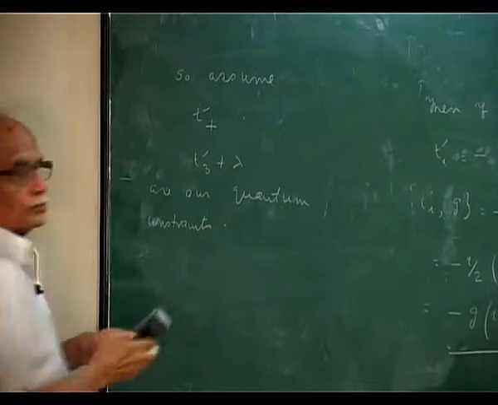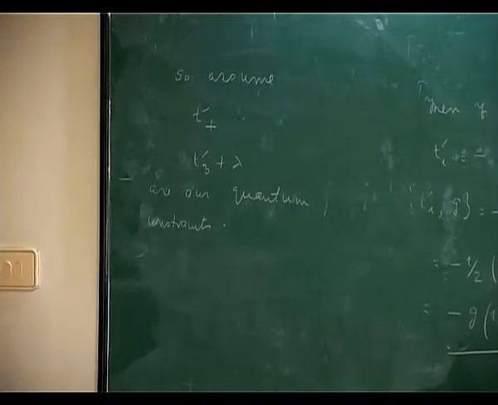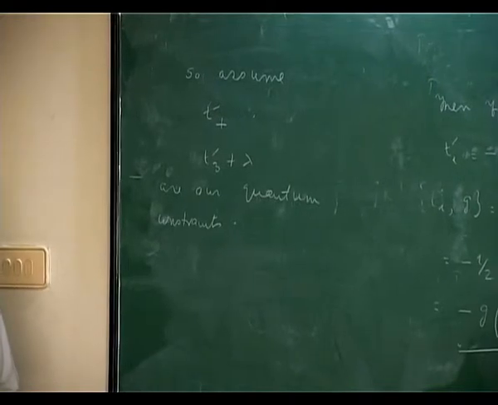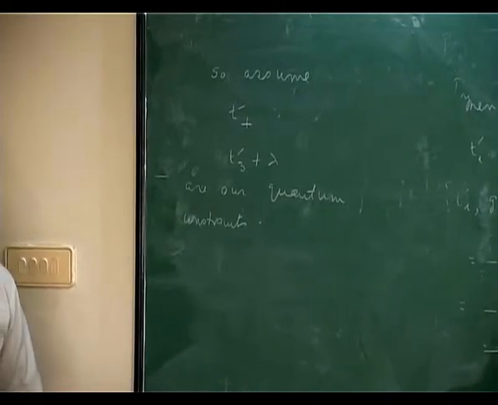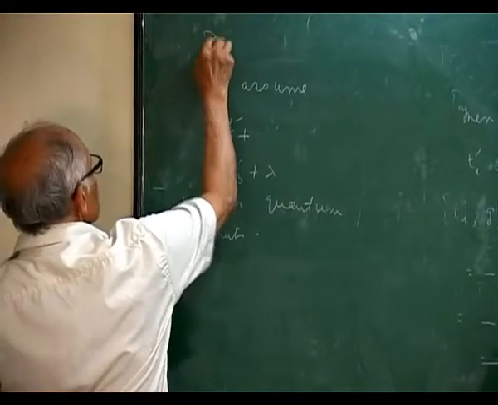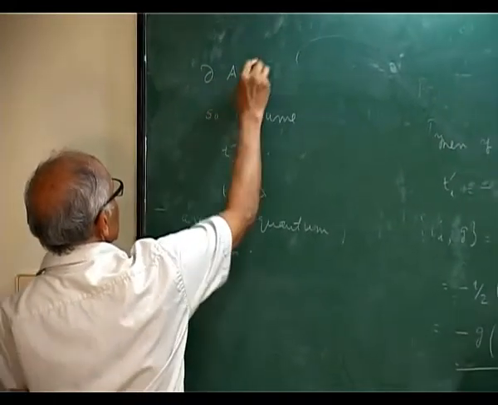This is very similar to what Gupta and Bleuler did. In the Gupta-Bleuler case, you try to impose the divergence condition on the states.